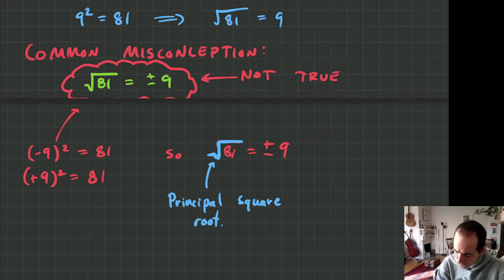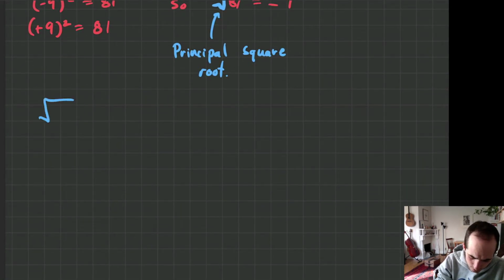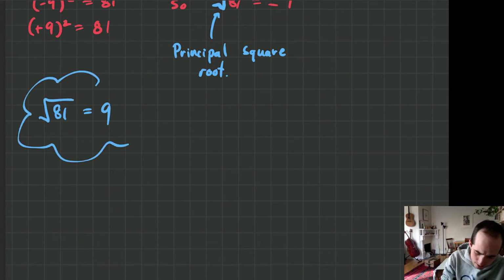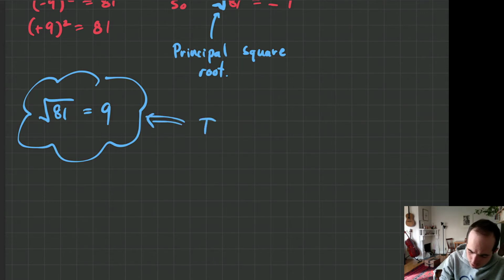So even though it's true that negative 9 squared is positive 81, when we take the square root using that little square root symbol, that means we're taking the principal square root, and there's only one solution to the principal square root, and that's the positive version. So the square root of 81 is just equal to 9. So this is true. Okay, it's not equal to plus or minus 9.